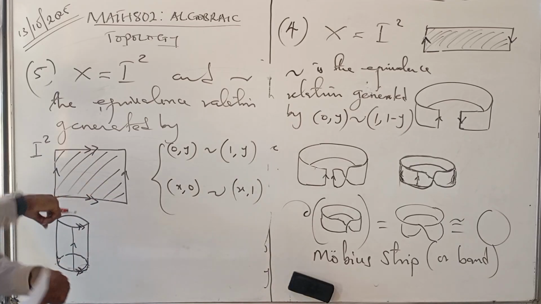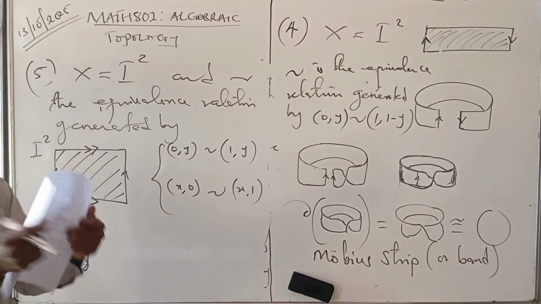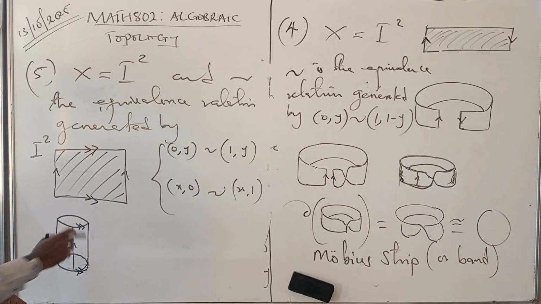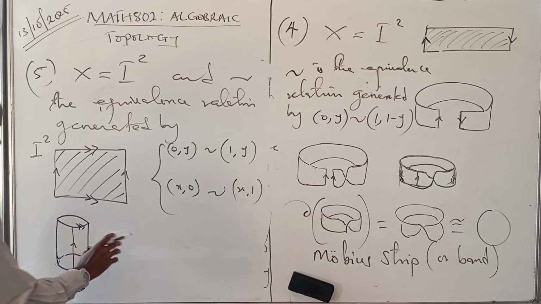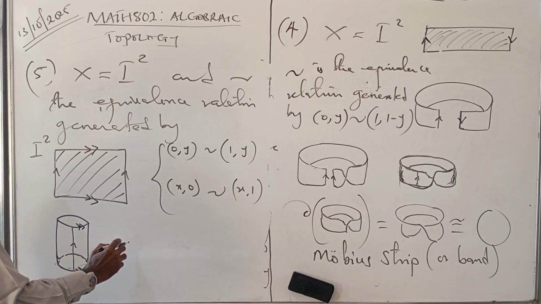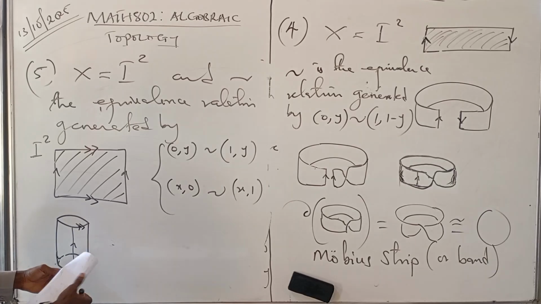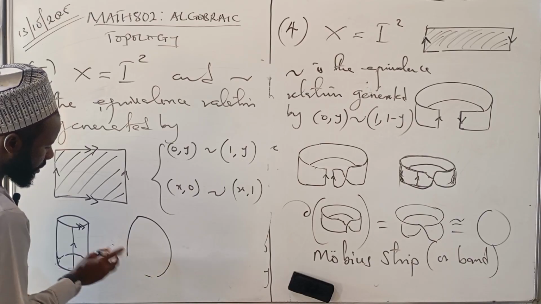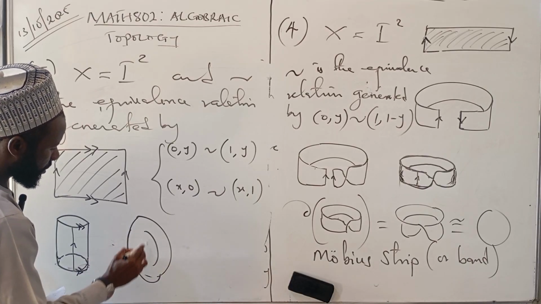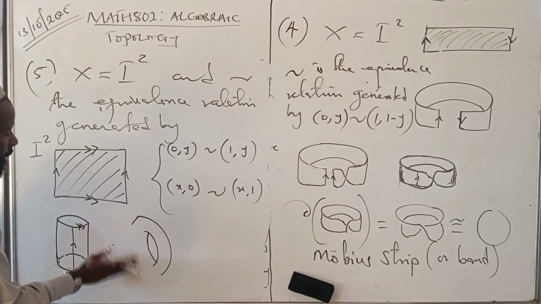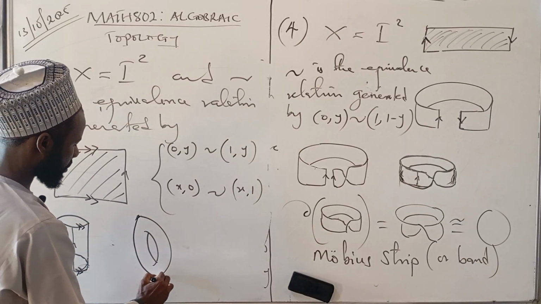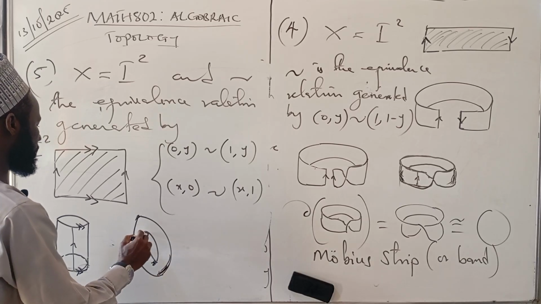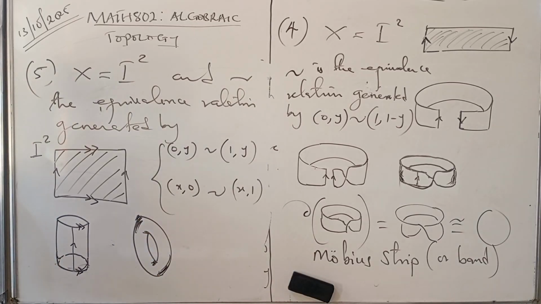Which means you first form a cylinder, and then later on you identify the edges of the cylinder. Once you do it, the resulting space is going to be this one. It's going to be a donut, a torus. This is the space, the surface of this thing. Okay?